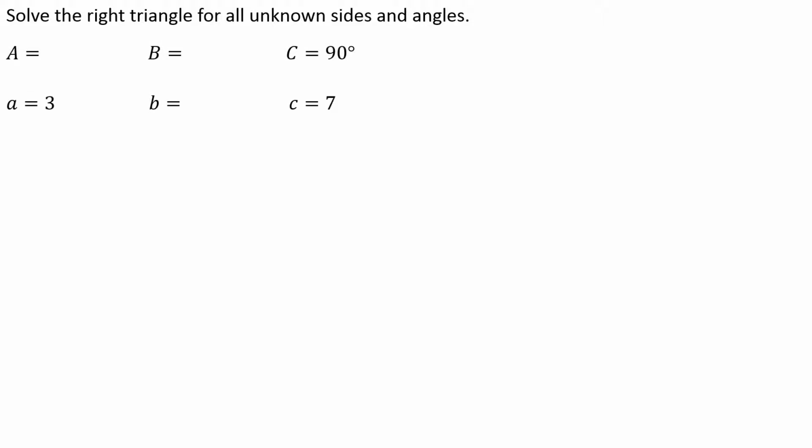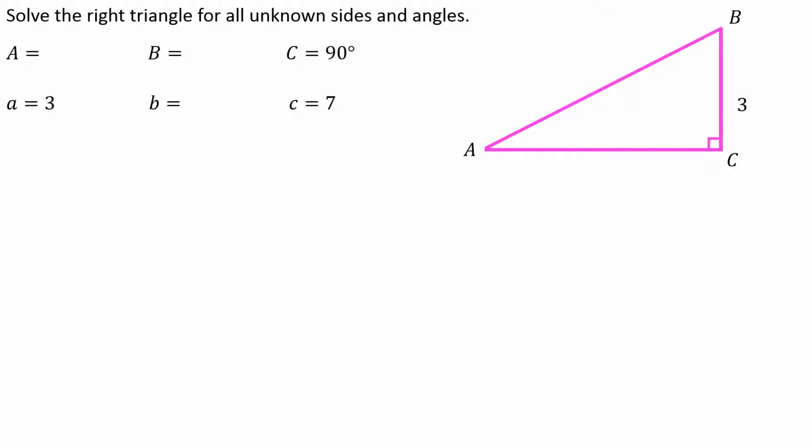Slightly different example. Before, I was told 2 of the 3 angles. This time I'm only told 1 of them. Again, I want a picture. 3 is side a. 7 is side c, also known as the hypotenuse. Well, pick a corner.